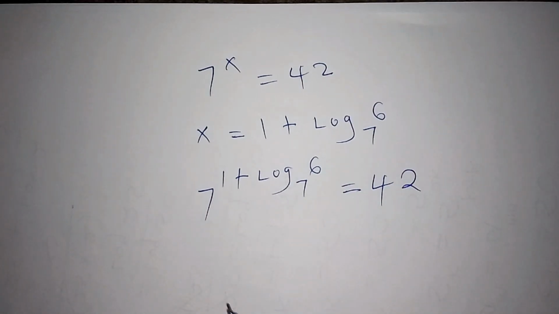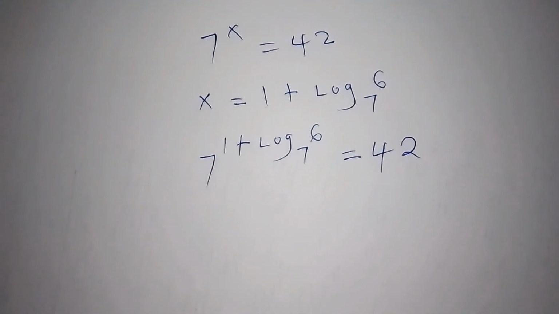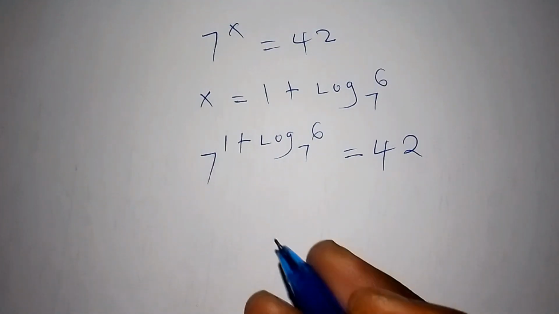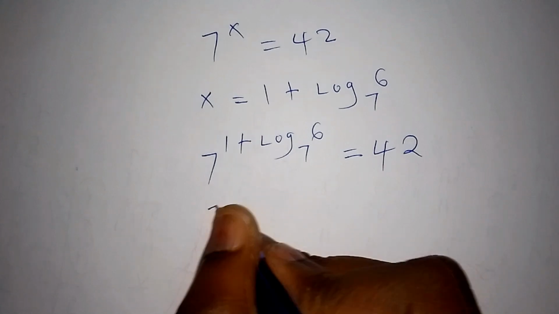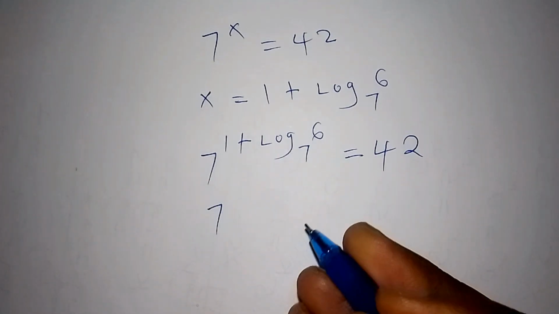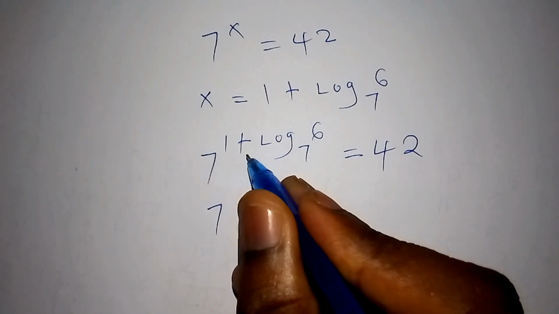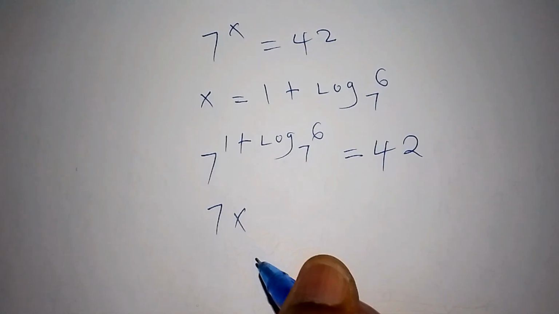This means that 7 to the power of 1 is 7 times 1, which is 7. According to the law of logarithms, this sign for multiplication changes to addition.